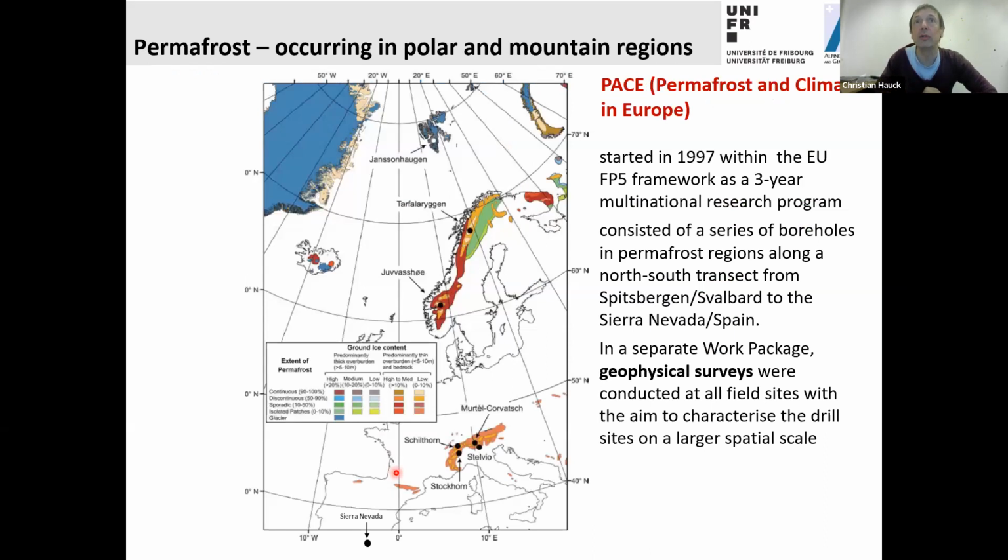That is why already 20 years ago, European monitoring was started, the so-called PACE project, Permafrost and Climate in Europe. That was a series of boreholes along a transect from Svalbard in the north down to Spain. Nowadays, Iceland is also in this network, and the Alps, of course, and Norway and Sweden.